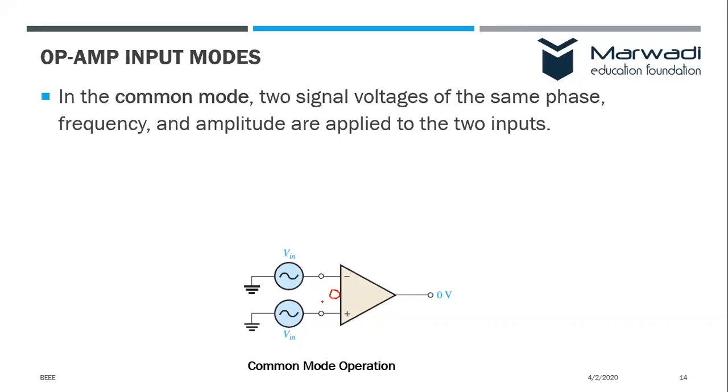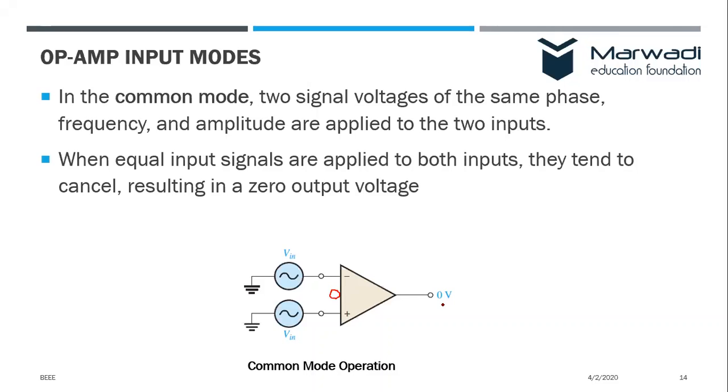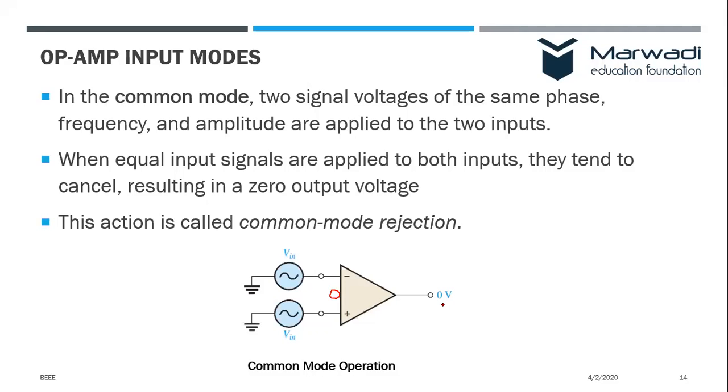And if you amplify 0, no matter with how much value you multiply 0, the output is still 0, right? So in the common mode, two signal voltages of same phase, frequency and amplitude are applied to two inputs. And when equal input signals are applied, they tend to cancel each other, resulting in a zero output voltage. This action is called common mode rejection, right?